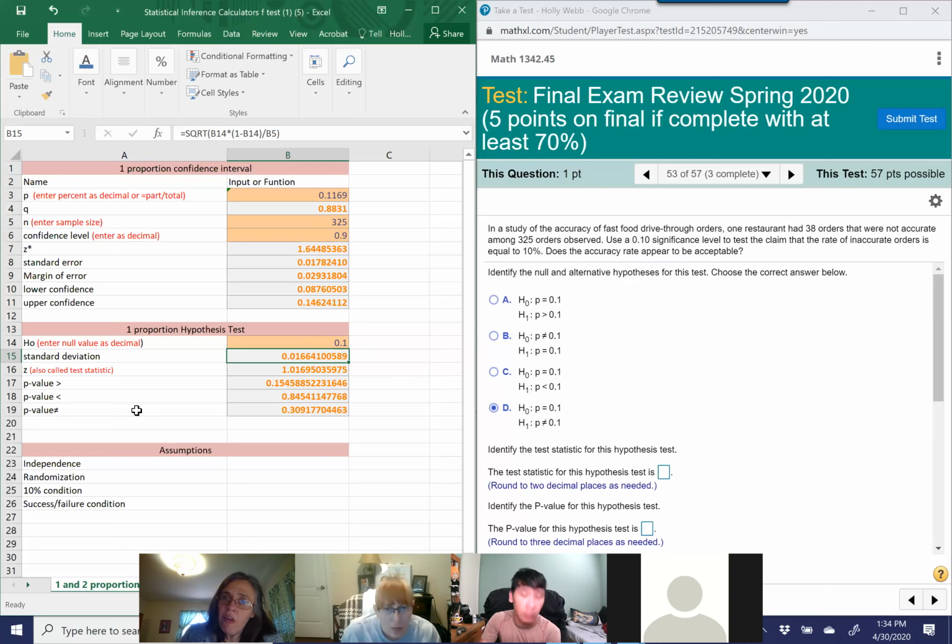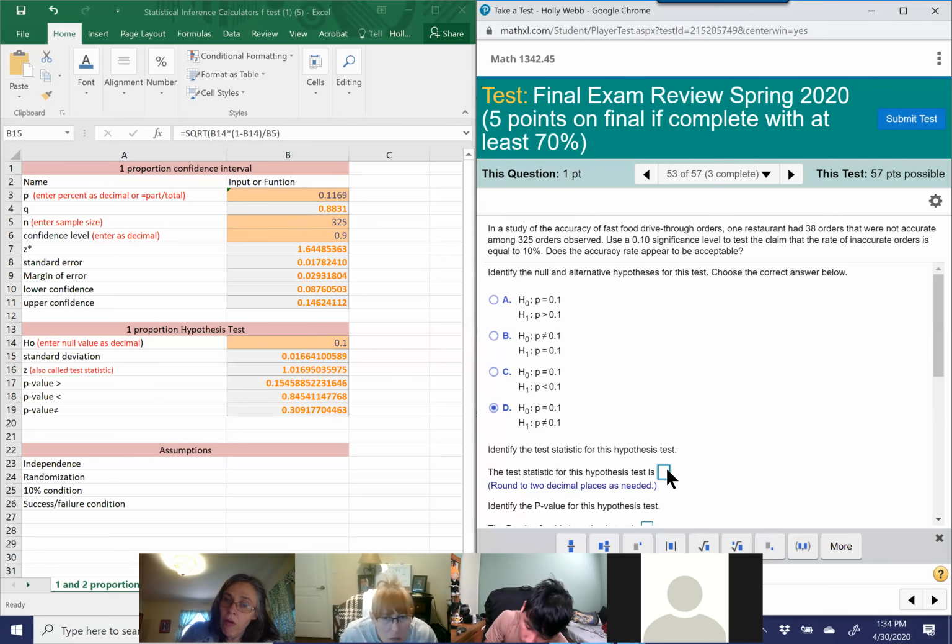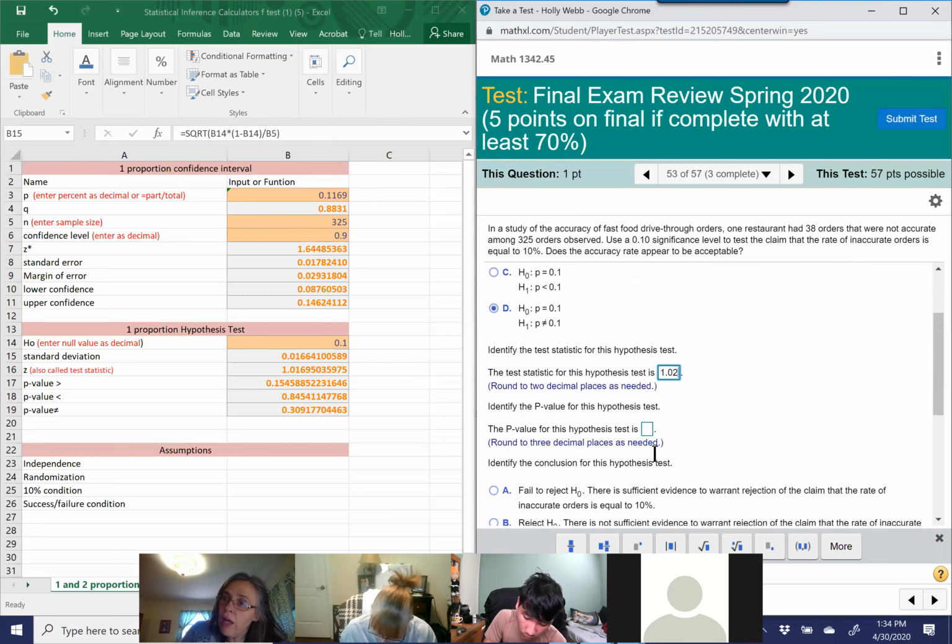So we should have our test statistic here under Z, 1.02. And then the p-value. This is a two-tailed test, so my p-value is down here, 0.309.